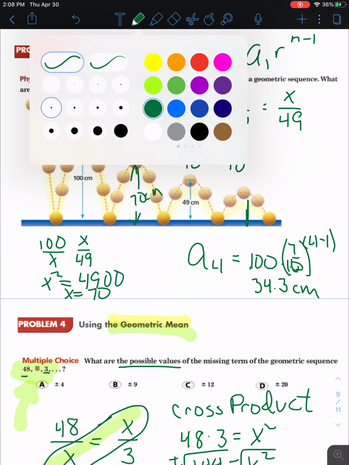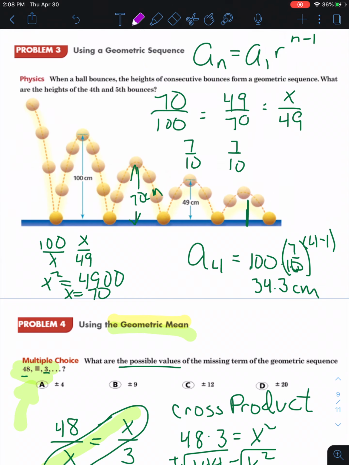I'll change my color. I'll go to this purple, and I'll do my a sub 5, which would be 100 times 7/10 to the 5 minus 1, which would be to the fourth power. To the fourth power, so 7/10 to the fourth power times 100 would be 24.01.